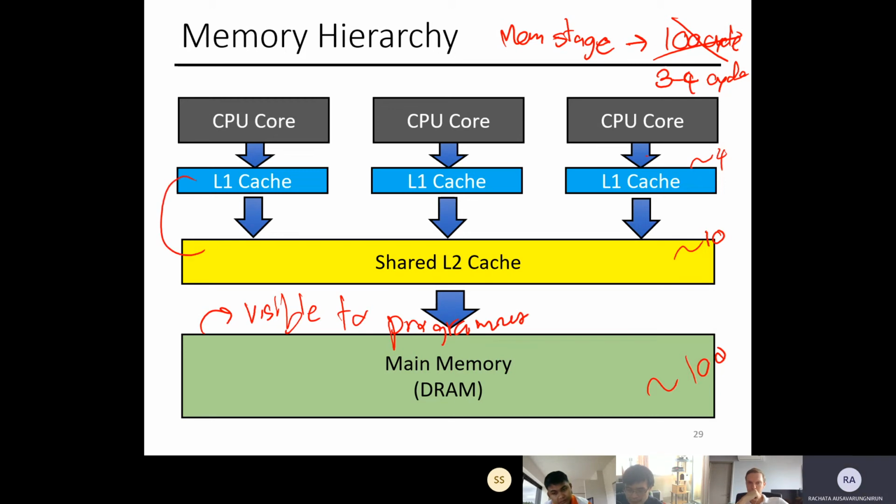And these two typically are not visible. Why did I say typically? GPU allows you to use this a little bit. In CPU, you don't. The hardware manages everything. But you can write the program to make sure you get a better hit rate. When I talk about hit rate, it means that the data you're trying to access is in the cache.